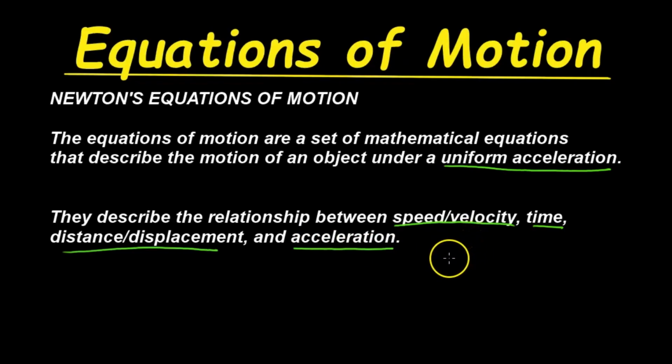In fact, if you know any other quantity that we can use to describe the motion of an object in a straight line, please let me know in the comment section because I am looking for one.